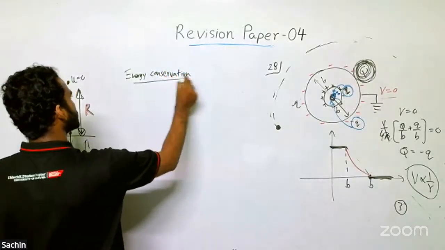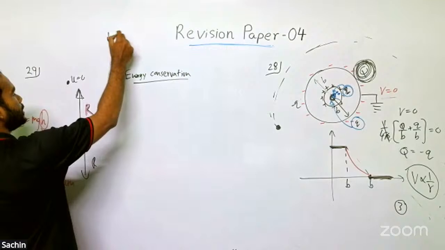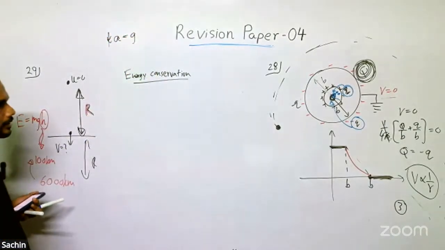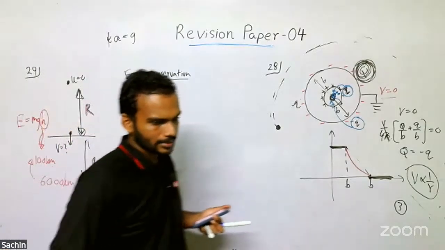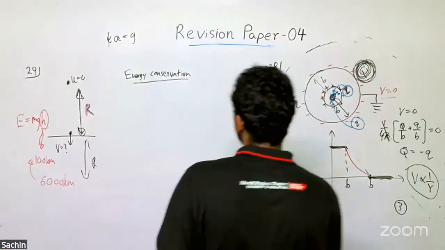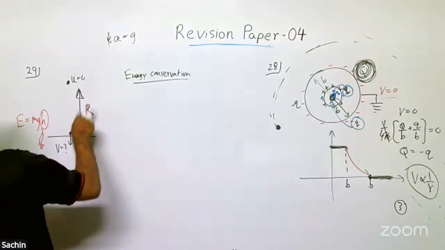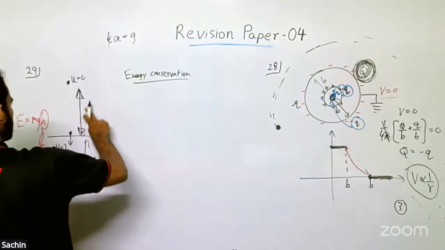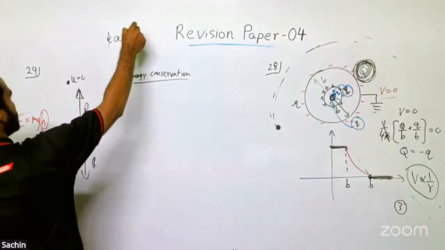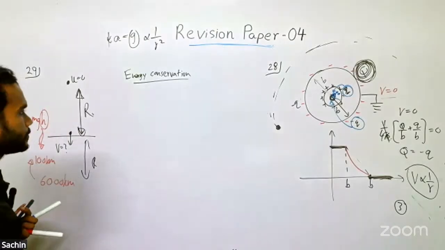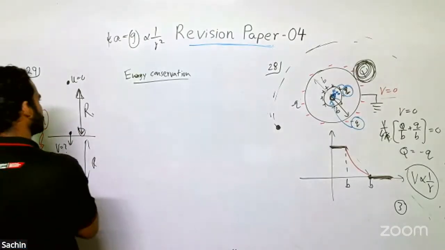You can't apply constant acceleration, or say the acceleration due to gravity is g and g stays constant, and write motion equations and get the answer. Those ways do not give you the correct answer, because in this size of distances, g also does not stay constant. g depends on the distance, inversely proportional.